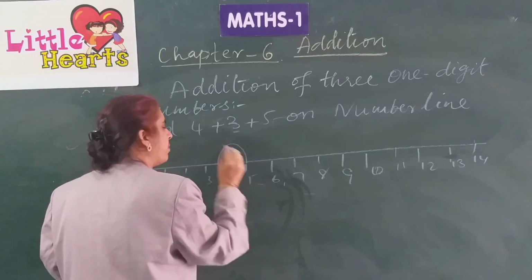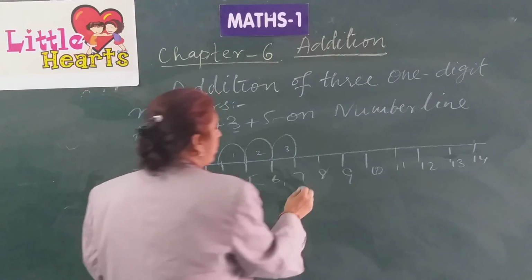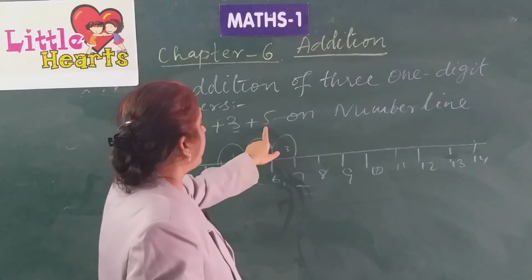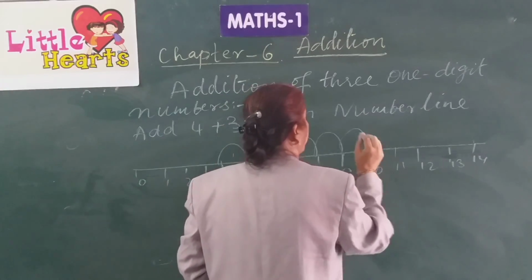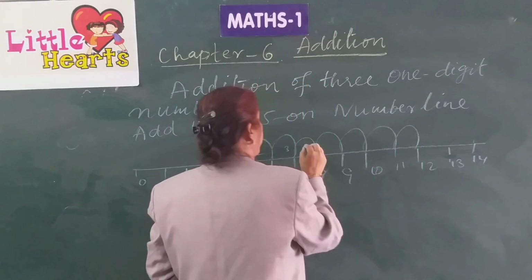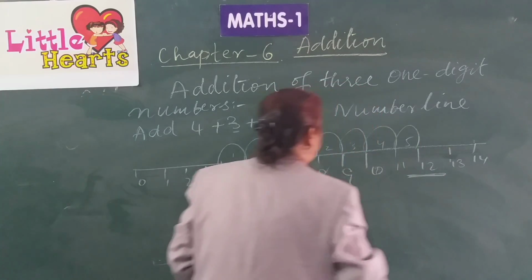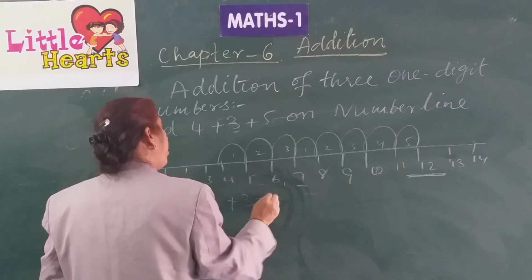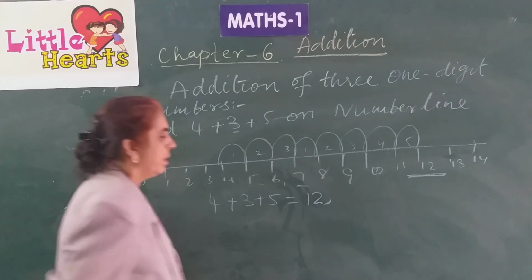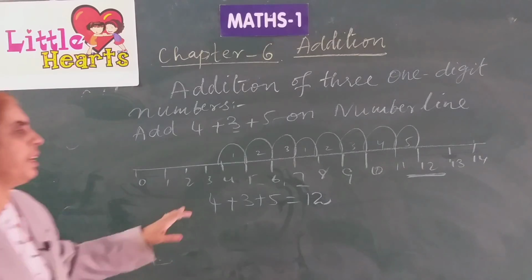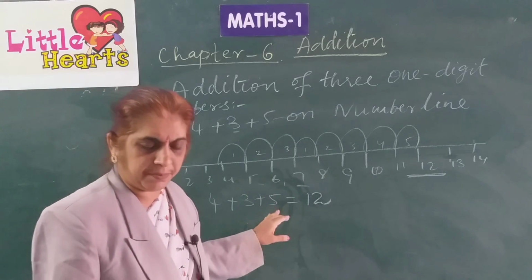Take 3 steps forward. 1, 2, 3. So that is 7. From this you have to take 5 more steps forward. 1, 2, 3, 4, 5. The number where we have stopped will be the sum of 4, 3 and 5. That is 12. So in this way you can add 3 numbers on the number line by counting the number of steps.